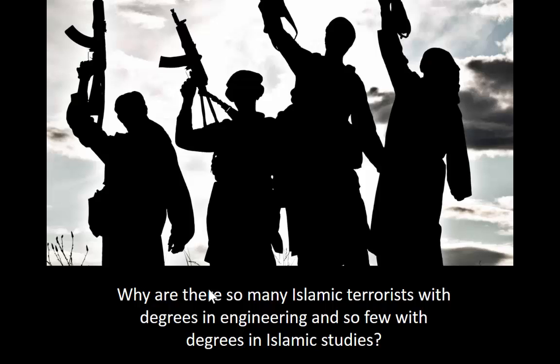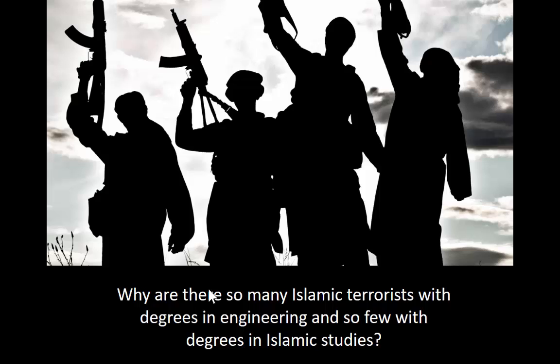But when you look more closely at the data, and that's what Diego did, it becomes even more puzzling. Because those engineers in the terrorist groups most often have the administrative jobs. They're the bureaucrats. Diego wrote this book, called The Engineers of Jihad, and there he showed some other startling findings.